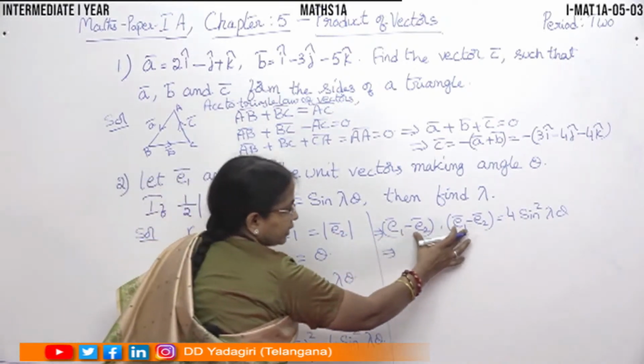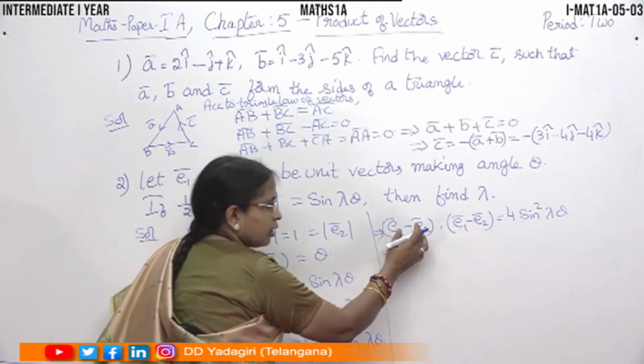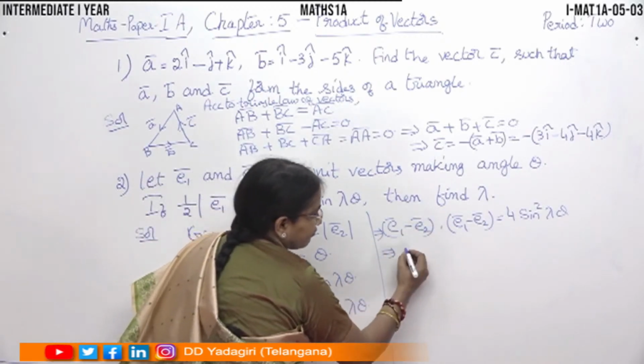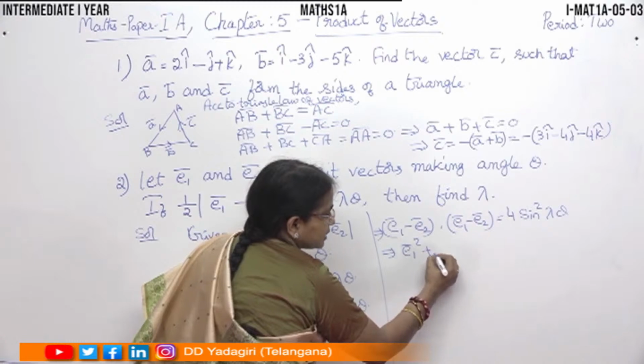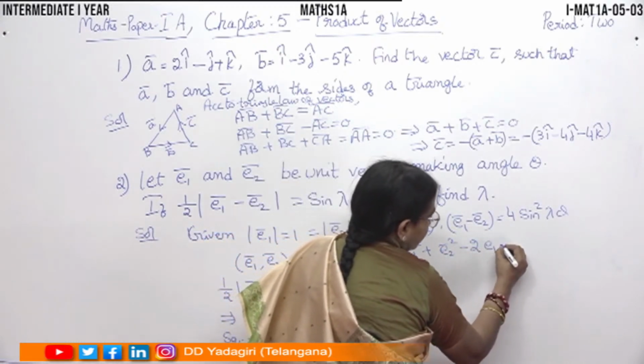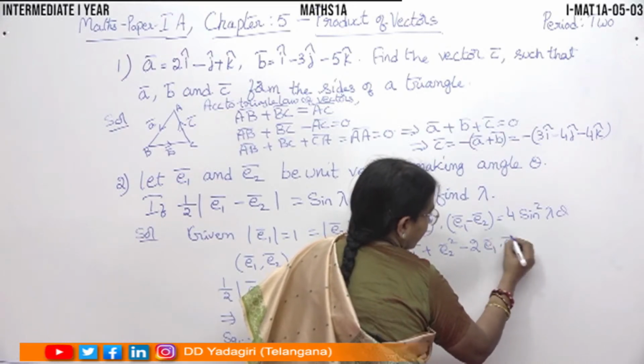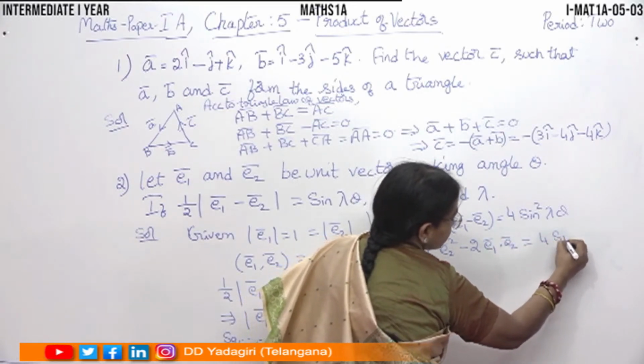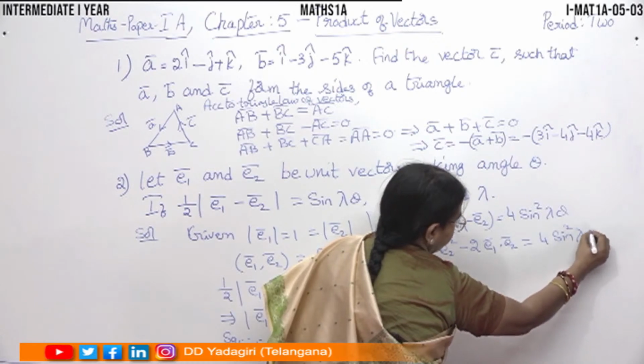So now write the formula for E1 minus E2 whole square. So E1 square plus E2 square minus 2 E1 dot E2, that is 4 sine square of lambda theta.